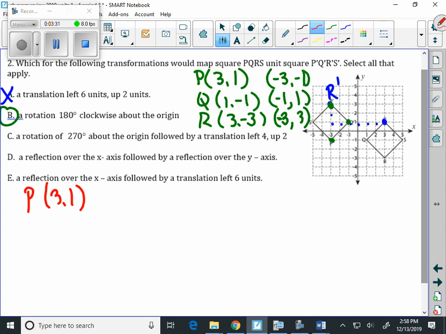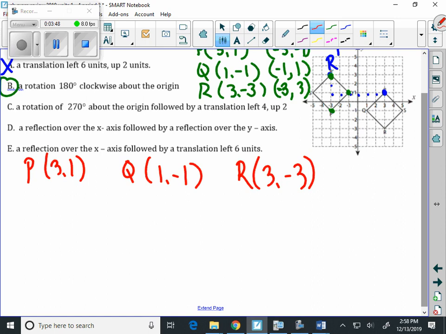And we have our Q value of 1, negative 1, and our R value of 3, negative 3. And if we do the 270 degrees rotation, we're going to flip, and we're going to change the second sign.